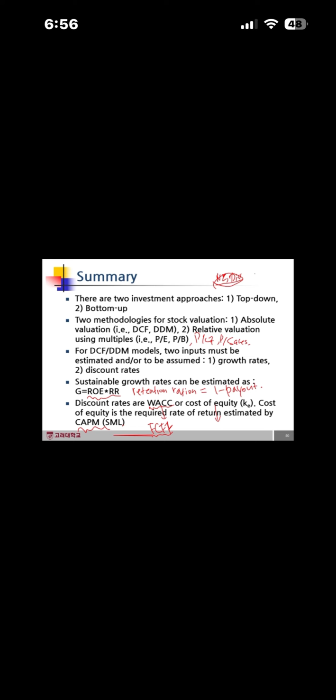Rather, if you use free cash flow to the firm, such as operating profit, you will have to discount it using the weighted average cost of capital, because this operating profit is distributable to both bondholders and stockholders. From this operating profit, you pay out interest and you pay out dividends. So the operating profit belongs to both bondholders and stockholders.